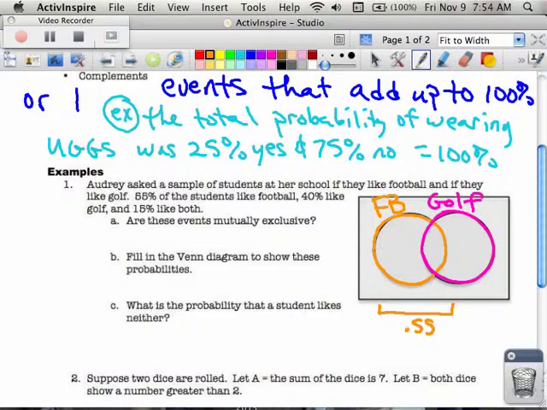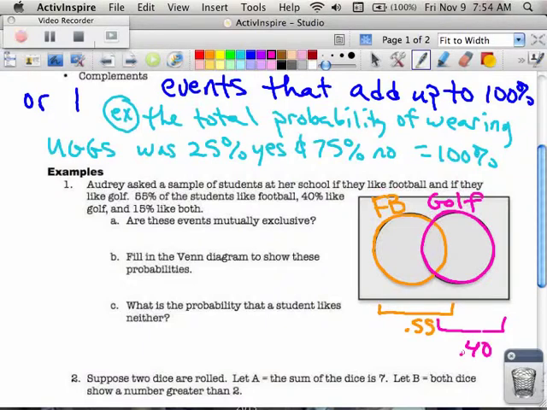And in the other circle, there's going to be 40% of the people liking golf. So in the pink circle, 15% of the people, nope, sorry, my bad. I apologize. 40 is correct.